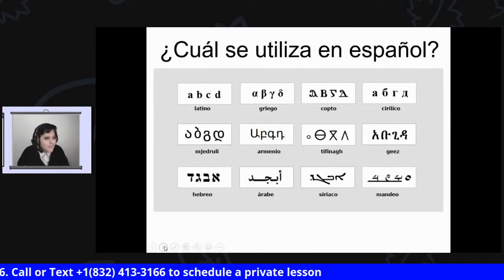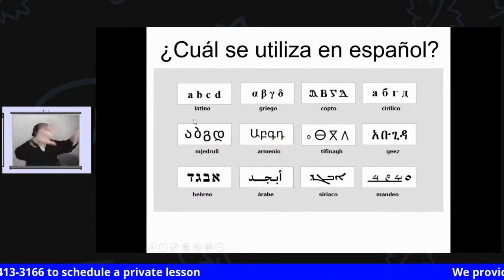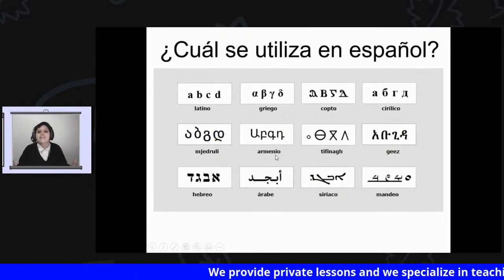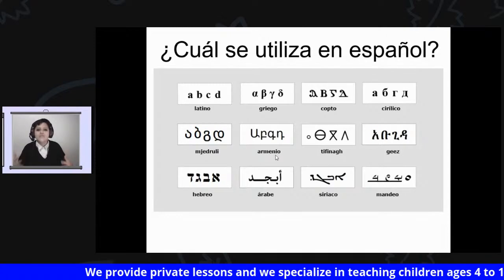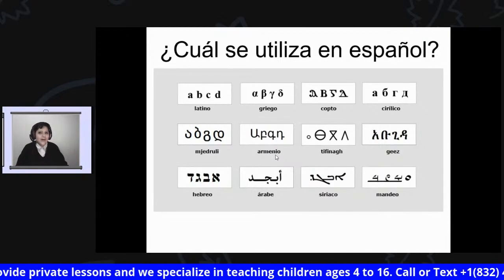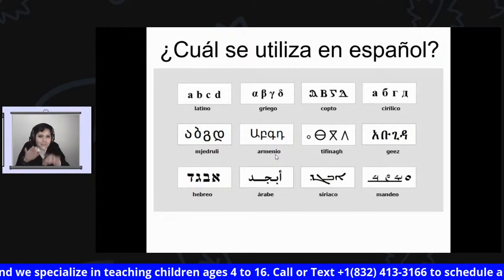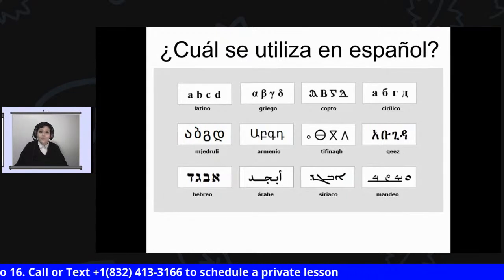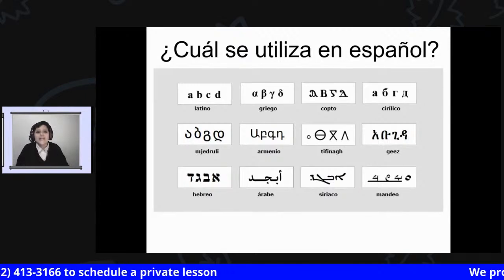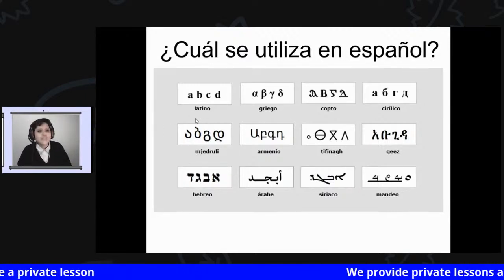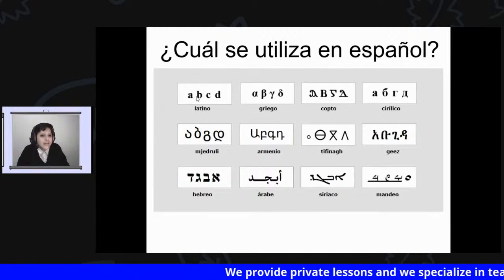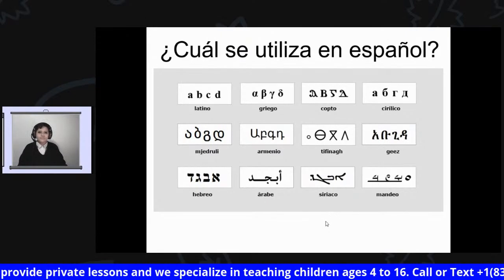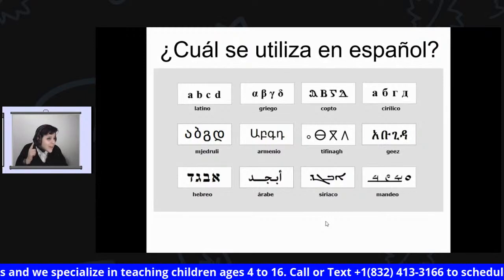All right, guys, let's move on with this one. Of all of these alphabets that you can see on your screens, which one is the one that we use for English and Spanish? Do you know? Come on, write it in the comments. Interact with us. All right, I see comments over here. Oh, hello, Karina. Hi. So, Karina, now that you're joining us, which one do we use in Spanish? Is it this one? Is it this one over here? Which is it? What did you say?